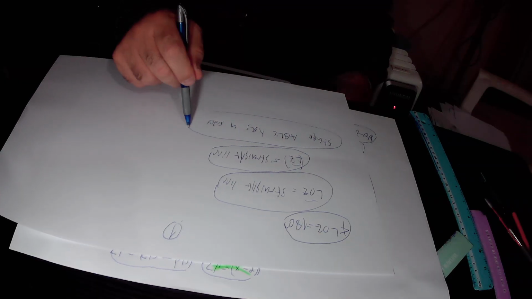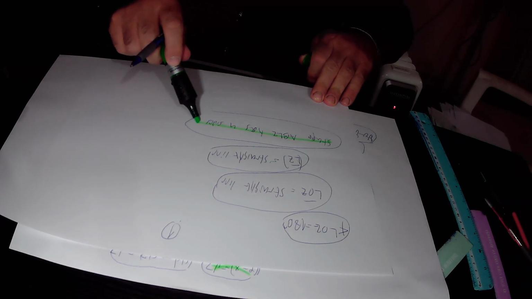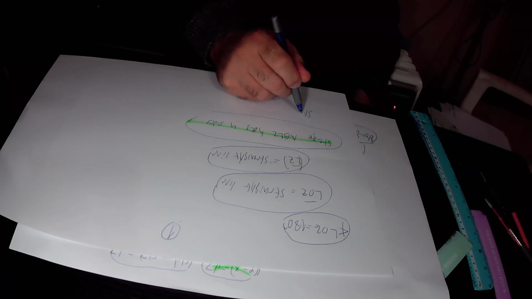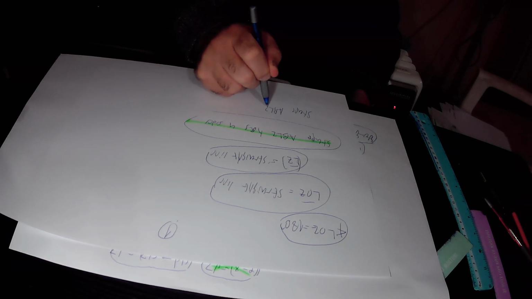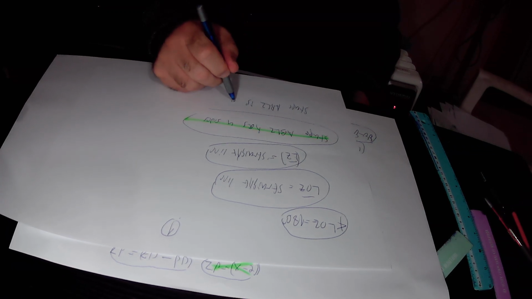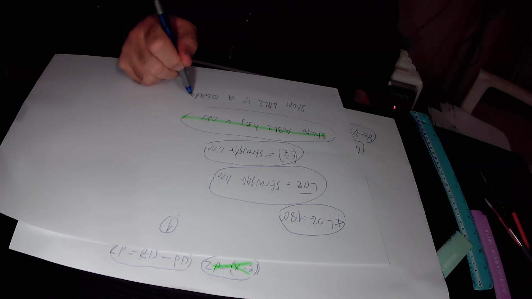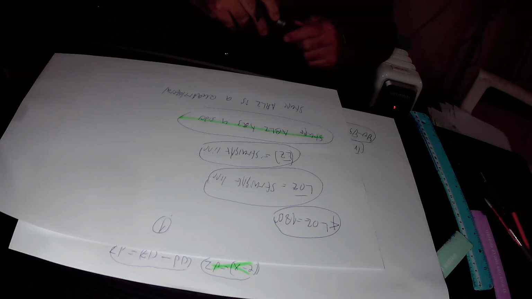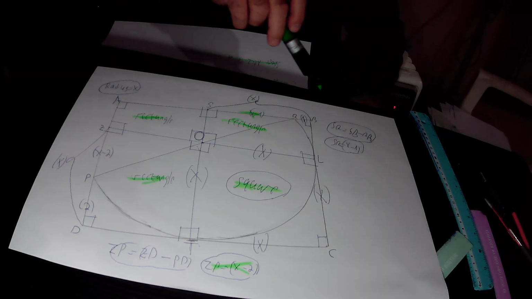Shape ABLZ has 4 sides, and therefore it must be a quadrilateral. So this is quadrilateral ABLZ.